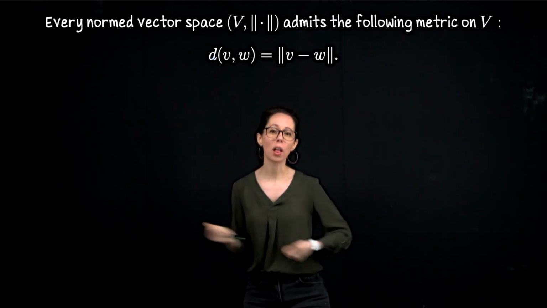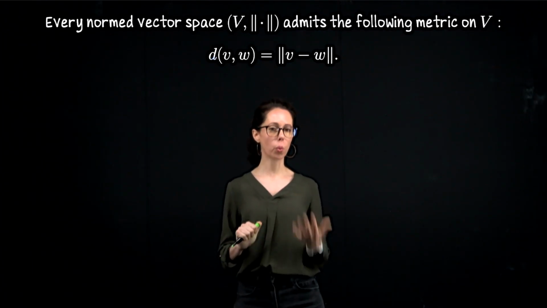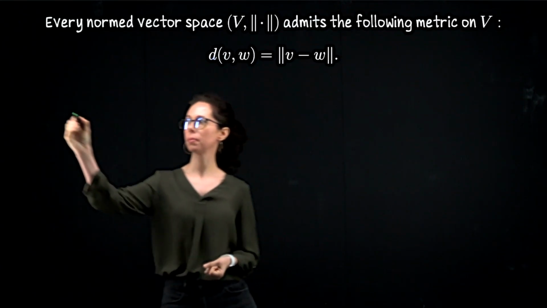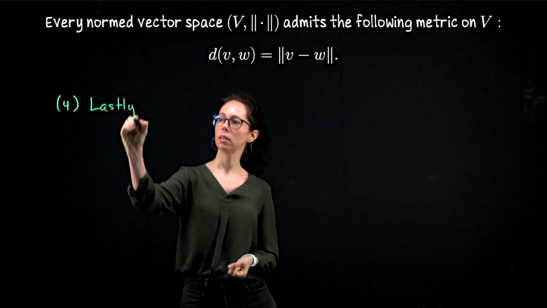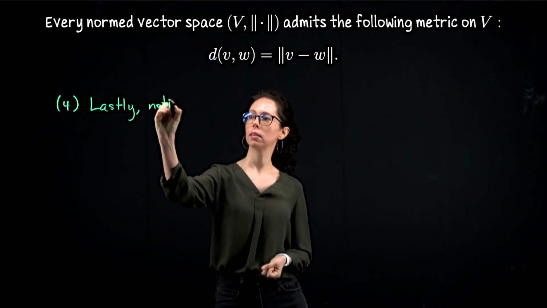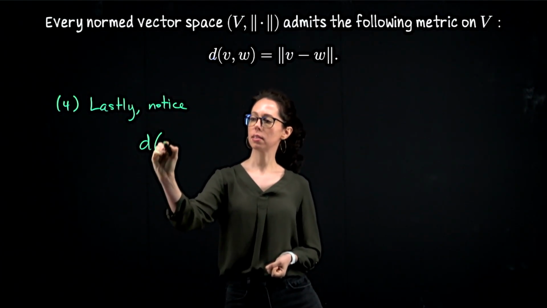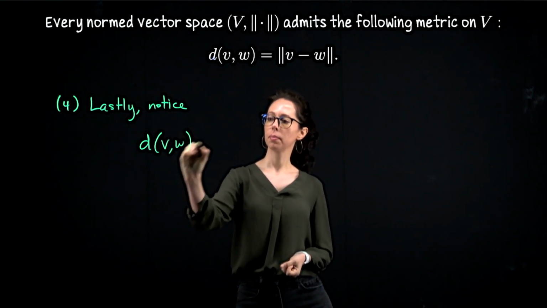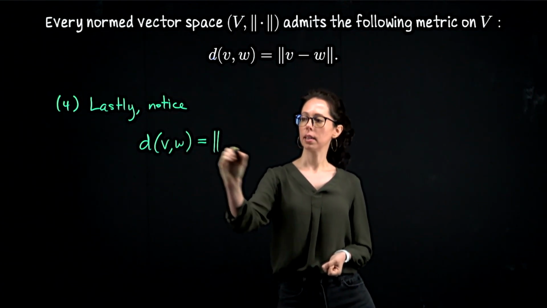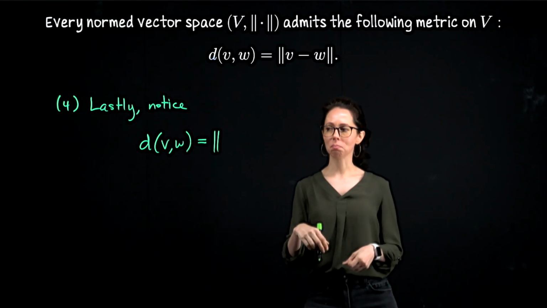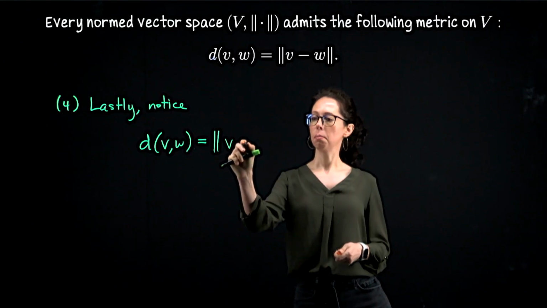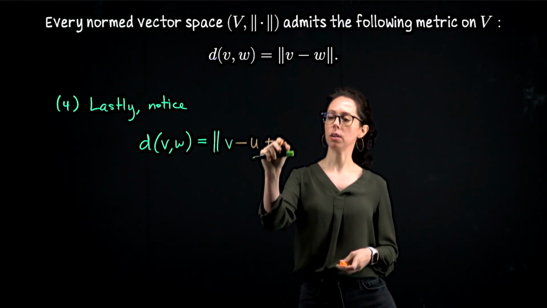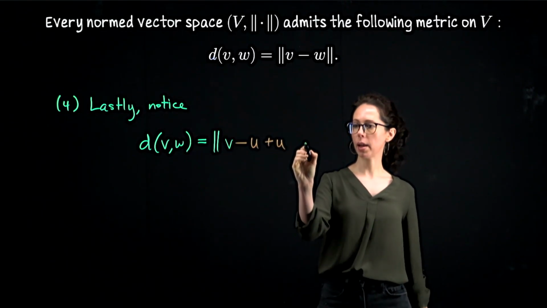All right, the triangle inequality is actually fast because we're working with a norm that has the triangle inequality. So lastly, notice that the distance from V to W is going to be, here I'm going to bring in U. So how about V minus U plus U minus W?